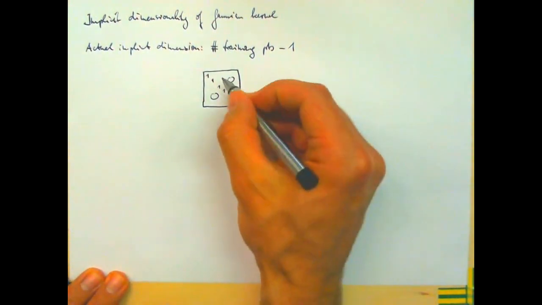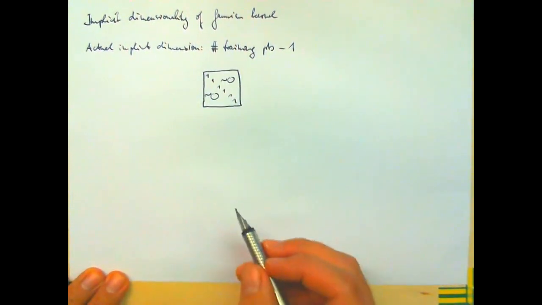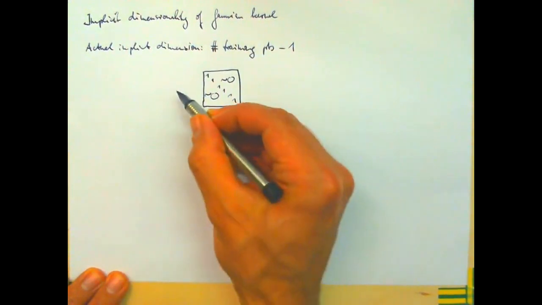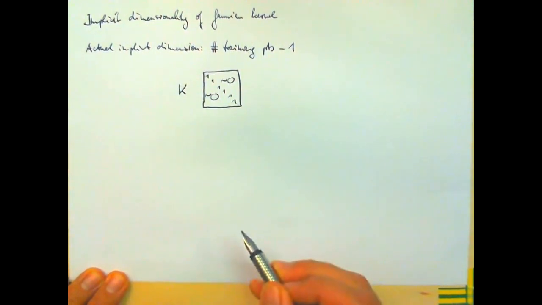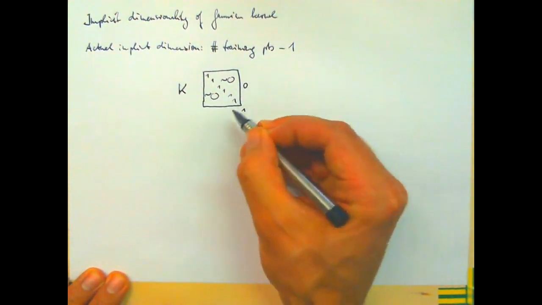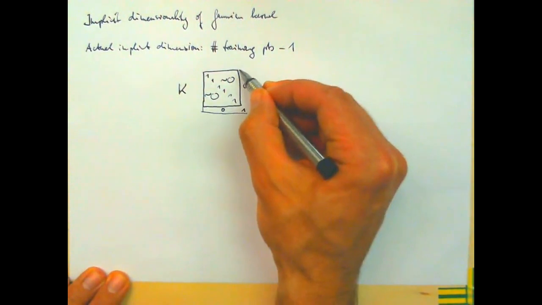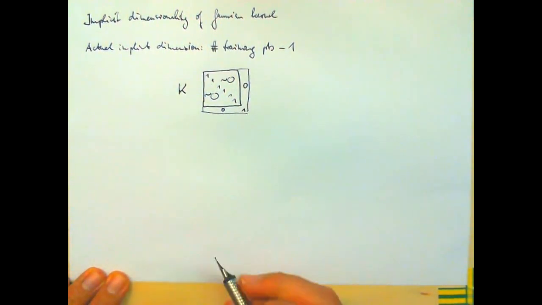And if you now add a new point, so this is my kernel matrix K, and if you now add a new training point, it will add a new diagonal element and will add new zeros on the off diagonal. So each new observation can increase the rank of my kernel matrix by 1.